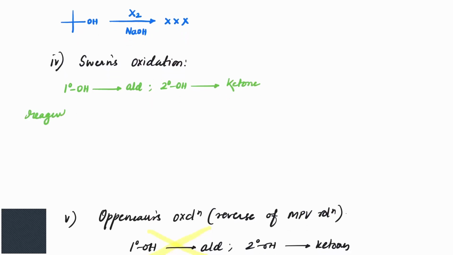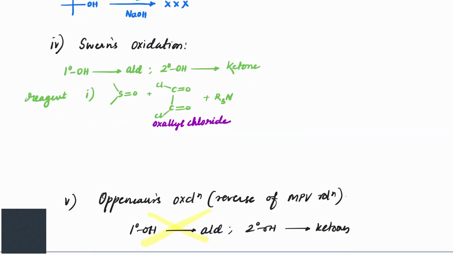The reagent that we use is first DMSO with this important compound, ClC(=O)C(=O)Cl, in a tertiary amine. This compound which I have written is called oxalyl chloride. So if you use this oxalyl chloride, then 1 degree converts to aldehydes, 2 degree converts to ketone. Got it?